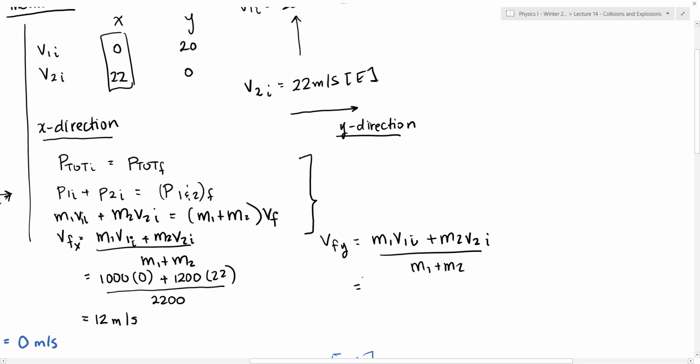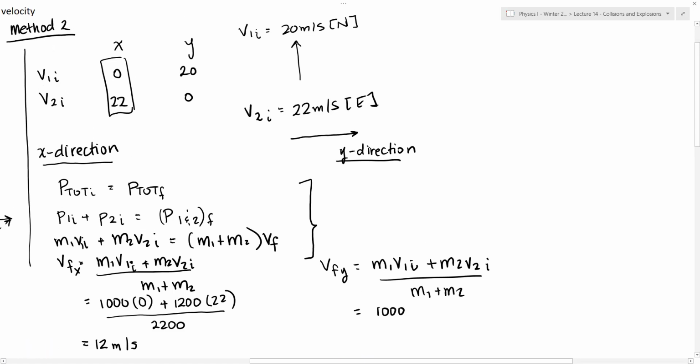Okay, so I'll plug everything in. So mass 1 is still 1,000. V1 initial, now I'm looking at the y components, so I'm looking at these numbers. V1 initial is 20, mass 2 is 1,200, V2 initial is 0 over 1,000 plus 1,200, which is 2,200.